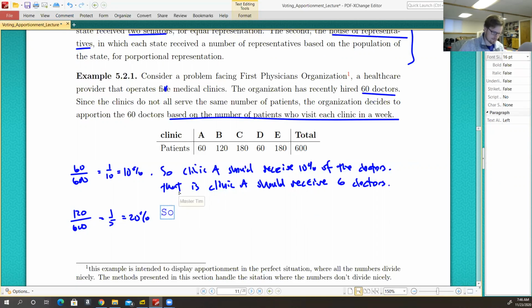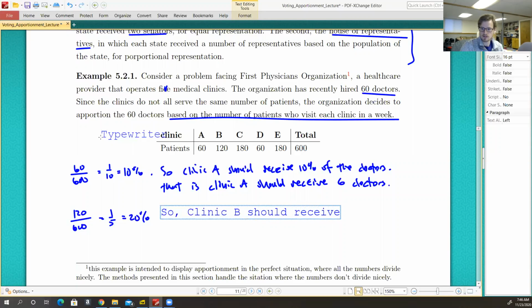So Clinic B should receive 20% of the doctors.